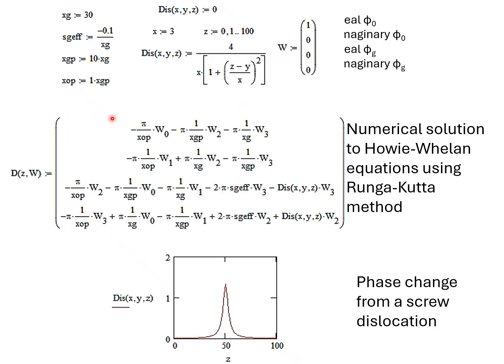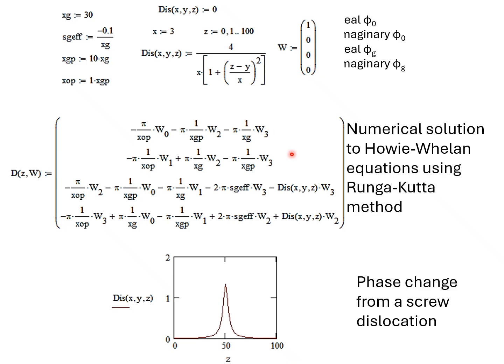Using the Runge-Kutta method allows one to step through, take incremental steps, if you like, an iteration, change the dz, change the depth a little bit, and then calculate at each point a new factor which feeds into this array.